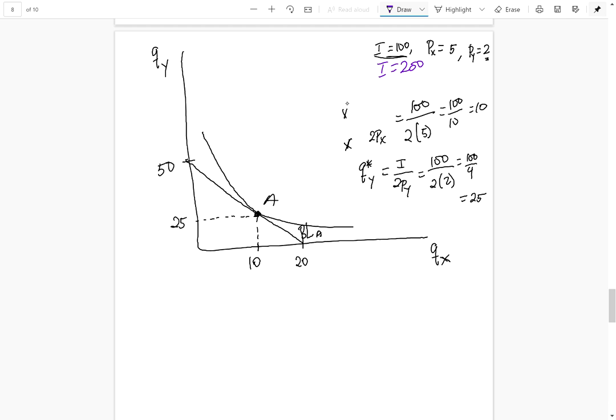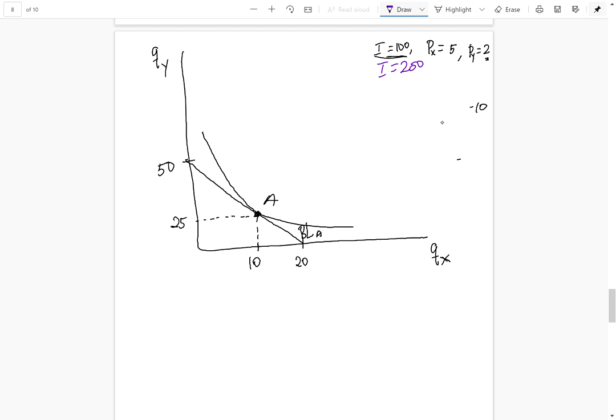I'm going to erase this as we need this space to do some calculations. So right now, what we want to do is figure out our intercepts. So we can draw that budget line and then add on the new indifference curve and find the one that just touches that new budget line.